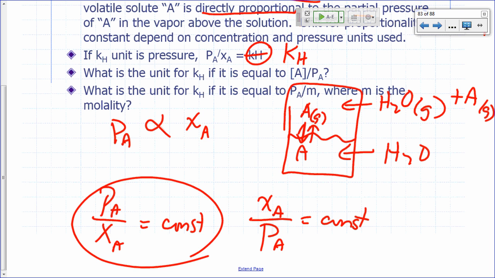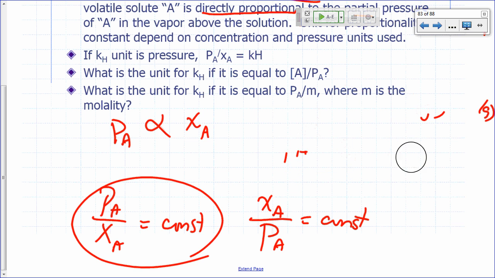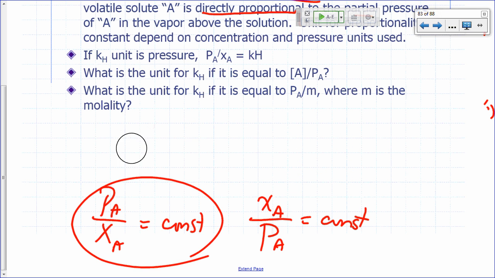All right, and the unit for K sub H depends on how you express your proportionality. What do you put in your numerator? What do you put in your denominator? And so when you look these constants up from handbooks, make sure you check the units, because the units will tell you how the proportionality relationship is expressed. So if your constant is in pressure, that means this is the relationship.